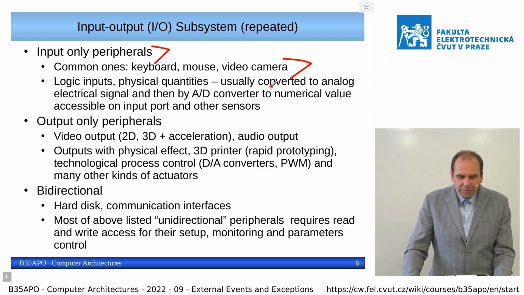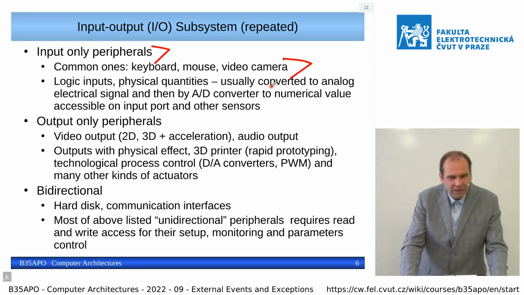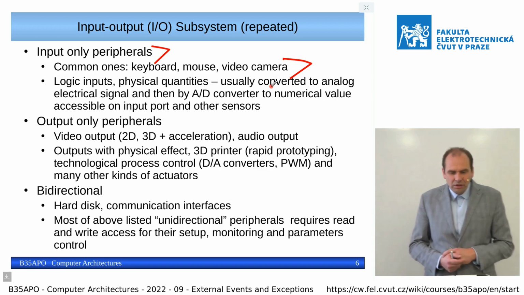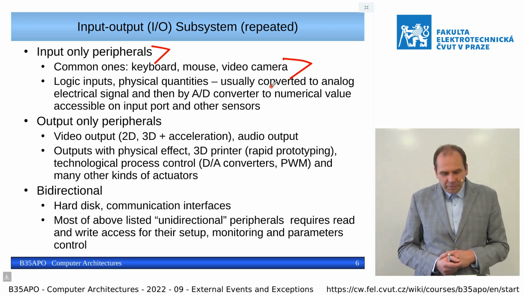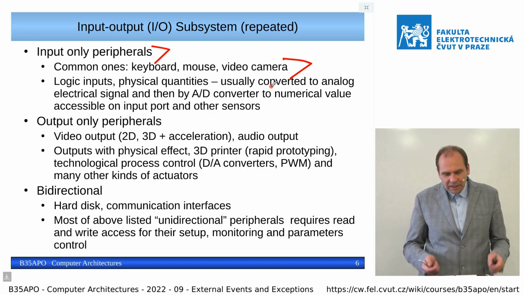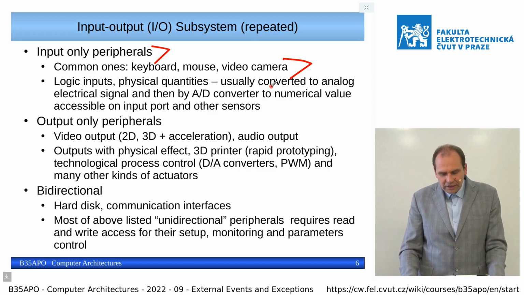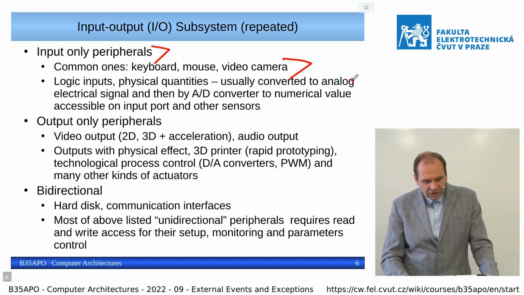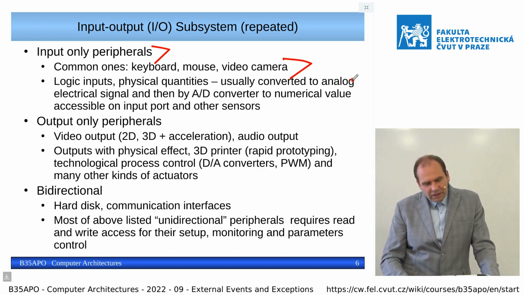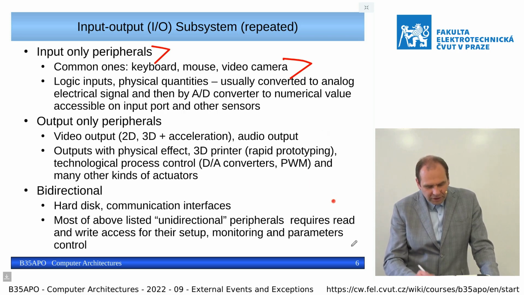So this camera is a special one that has only the output. Typical cameras, webcams and so on, are connected through USB, and you can directly control the focus, brightness and other settings through the same interface through which the actual images then flow. So today usually the communication is bidirectional, so we have input-output peripherals, and most are bidirectional.